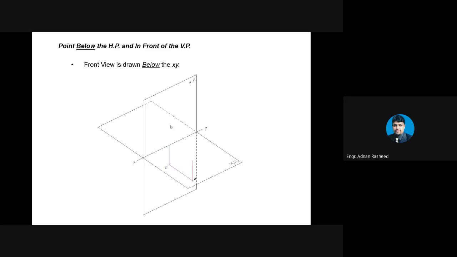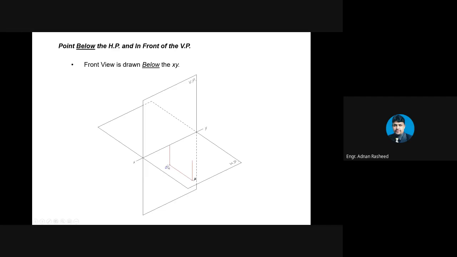Now let's move forward. Now you can see a point below the horizontal plane and in front of the vertical plane. Now this point is below the horizontal plane and in front of the vertical plane. You can see its frontal view is on this vertical plane.